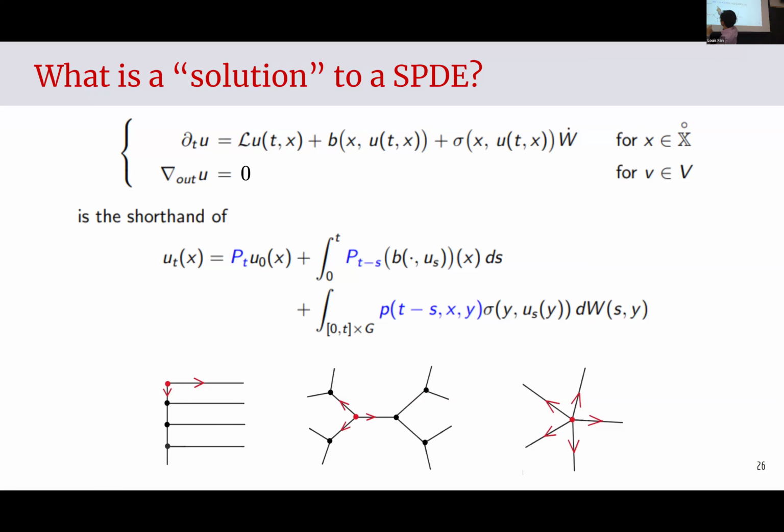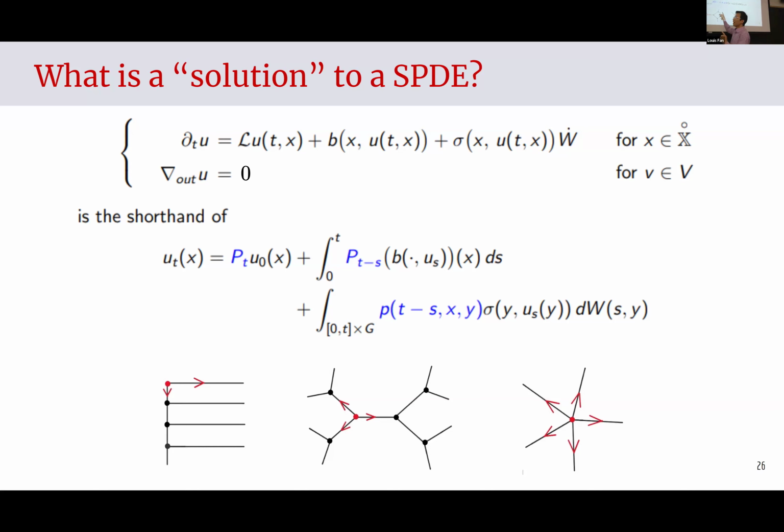Now, this p(t,x,y) is like the Gaussian transition density we saw before in the heat equation. But for a graph, it means the transition density of the Brownian motion on the graph. So this is something a little bit different, but one can still handle it. The analysis of this equation relies heavily on what we know about the underlying Brownian motion on the metric graph.